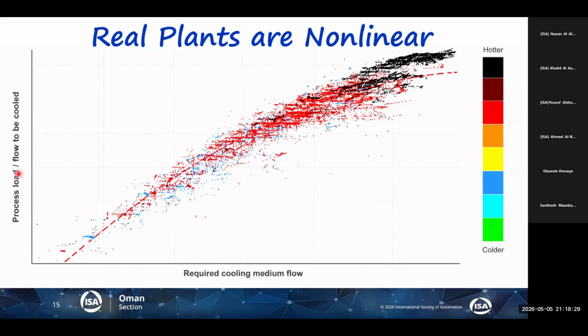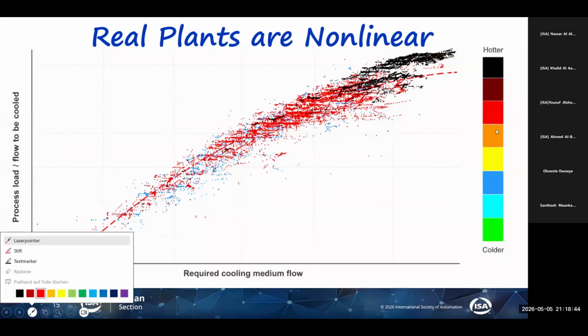You would think it's linear. Look at this. Look at the hotter temperature. I want to take the pen. If you put the other ones, imagine you put the orange one, you will realize it's somewhere here.